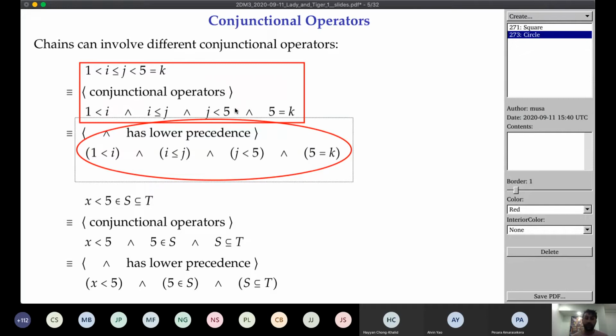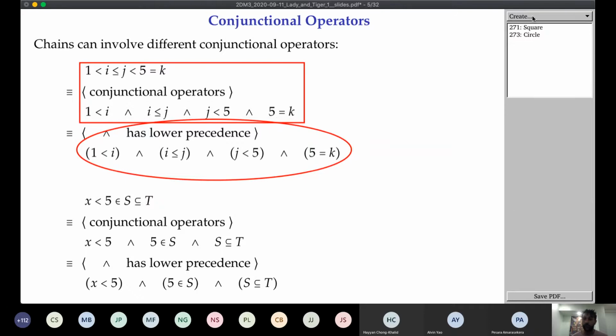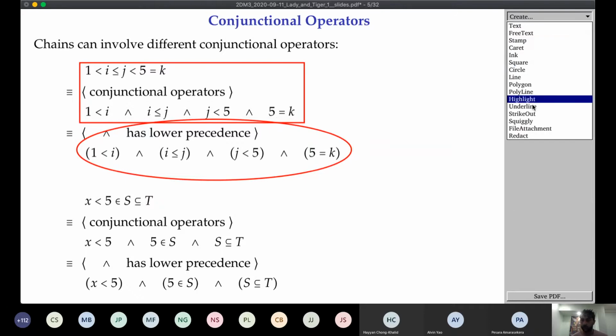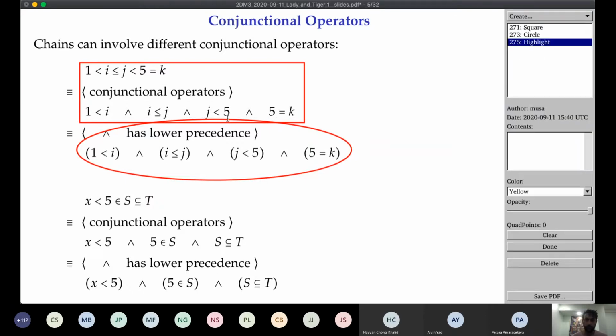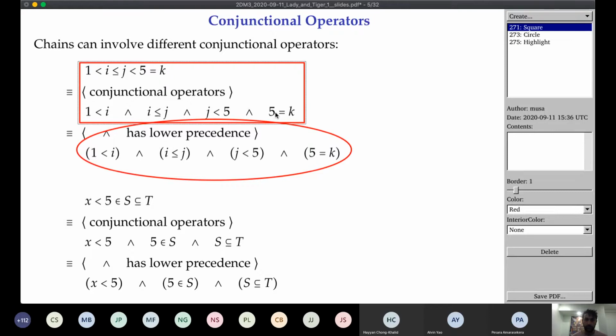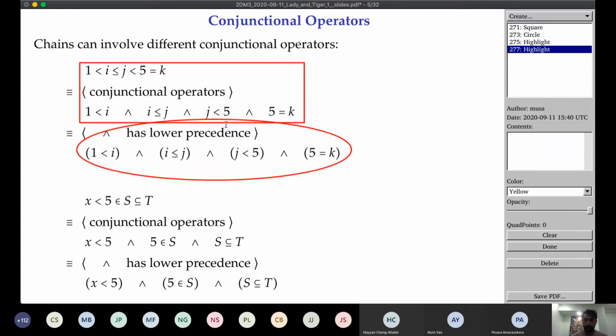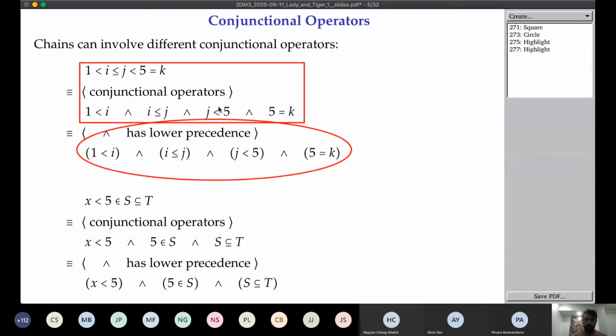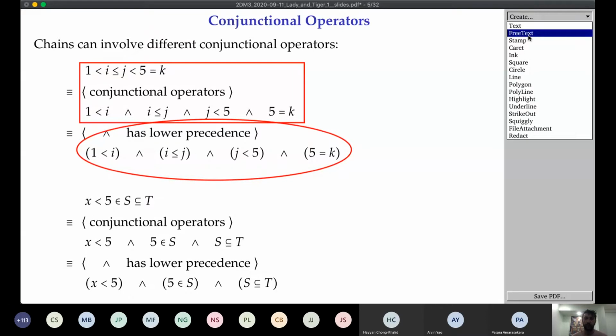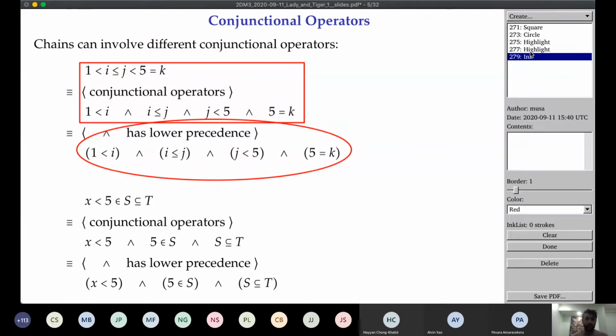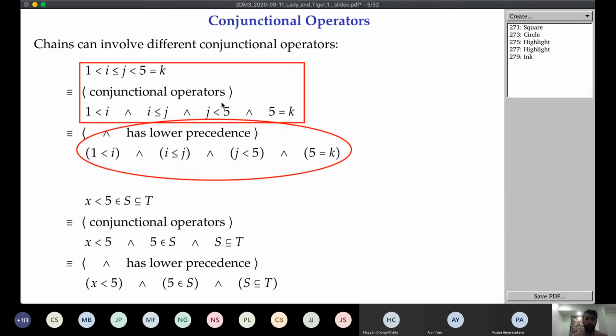But then to avoid these shared pieces like 5 and 5 or j and j, what we can do is make the operators conjunctive.